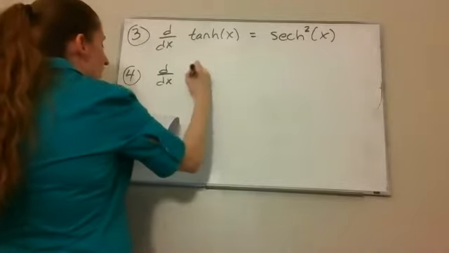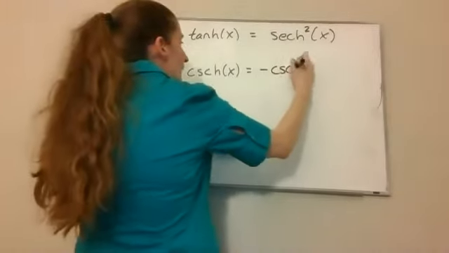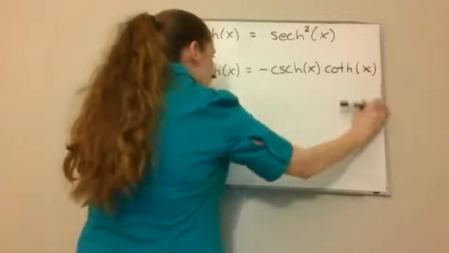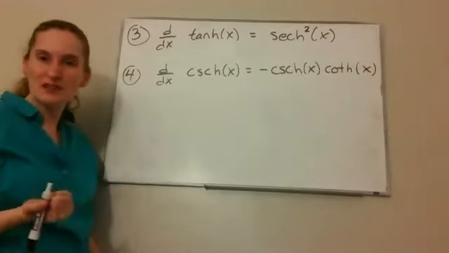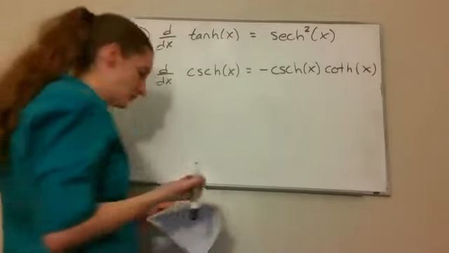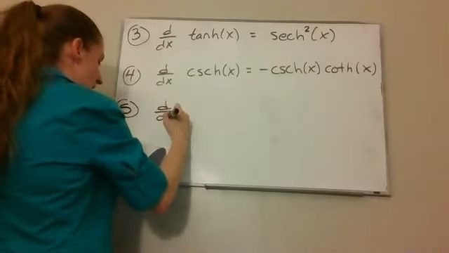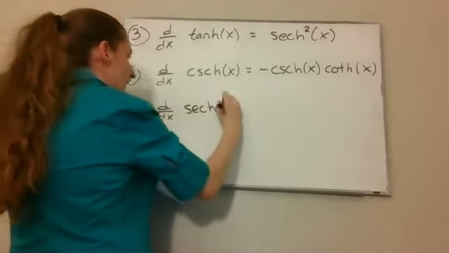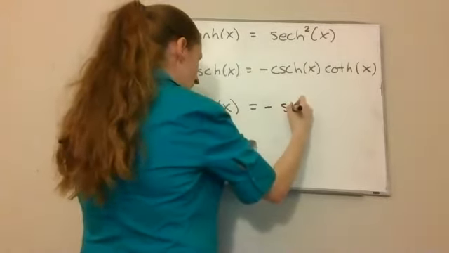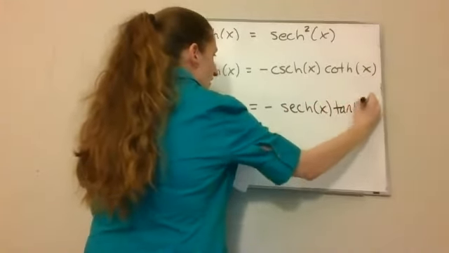The derivative of hyperbolic cosecant is negative hyperbolic cosecant times hyperbolic cotangent. That one's also nice because it matches what we would expect based on our knowledge of regular trig functions. The derivative of hyperbolic secant is equal to negative hyperbolic secant times hyperbolic tangent.